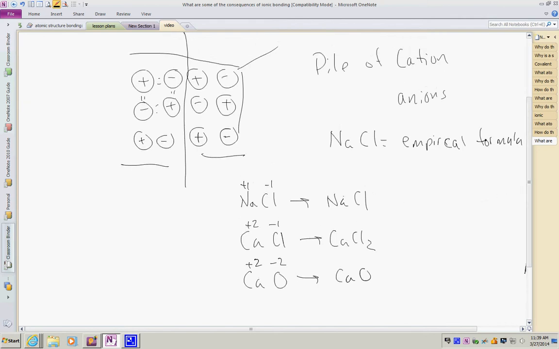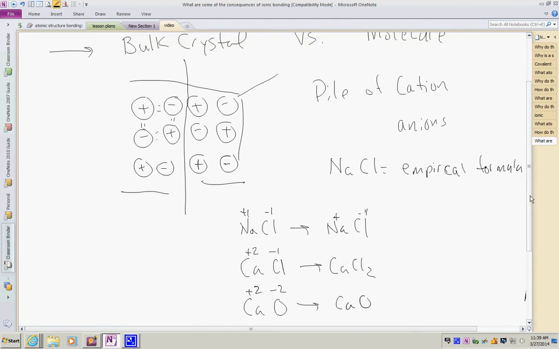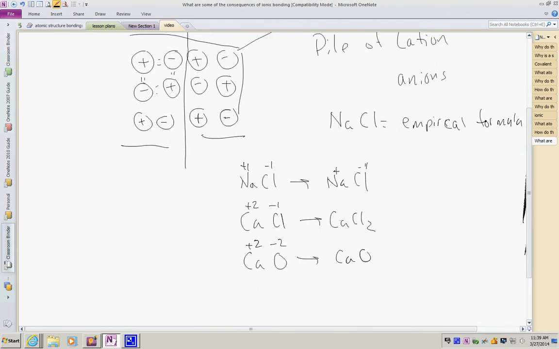Now, in this case, sodium chloride means there's one sodium, one positive for every one negative, and they come in 1-to-1 ratios. It does not tell us how many; there could be bazillions of them there. We don't know. They just come in a 1-to-1 ratio. In the calcium chloride case, when electrons were transferred, the calcium gave up 2 valence electrons, and the chlorine could only pick up 1.